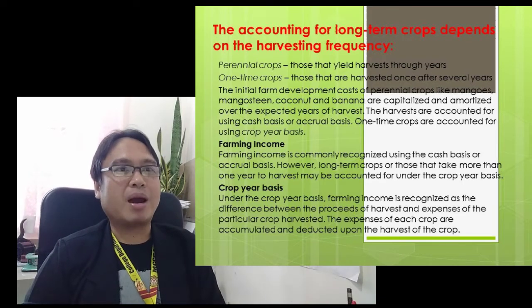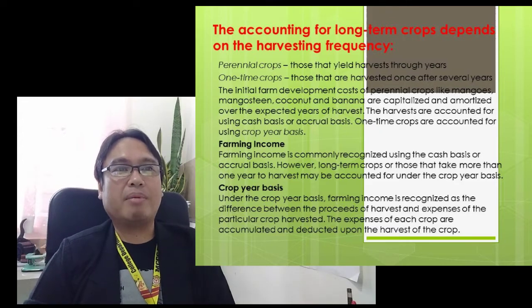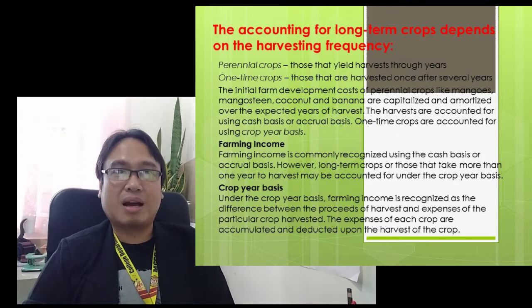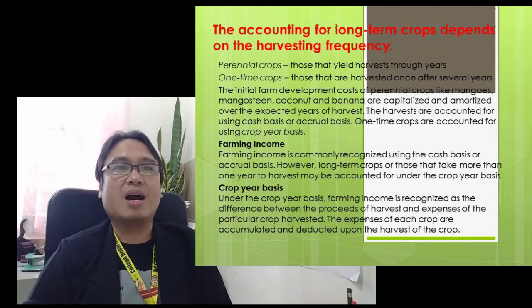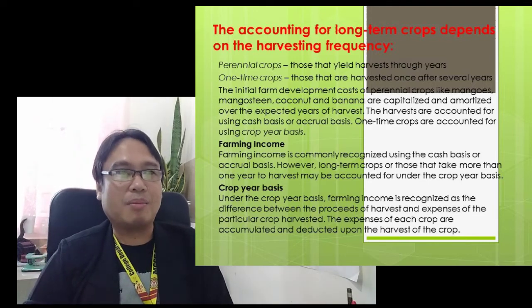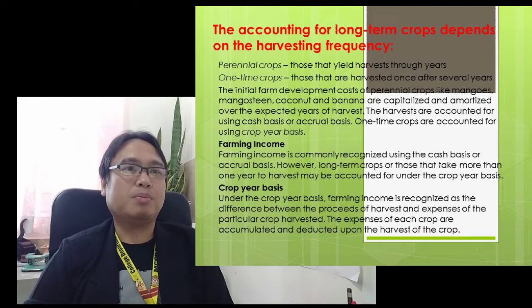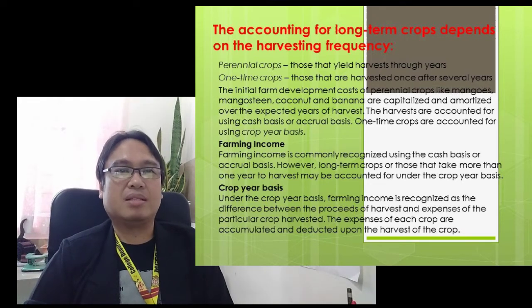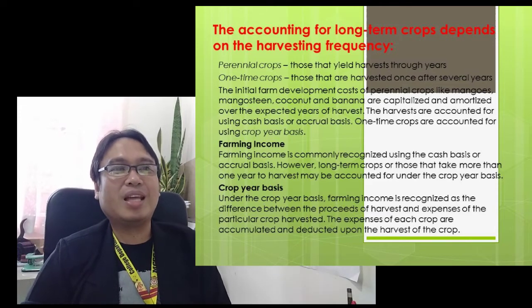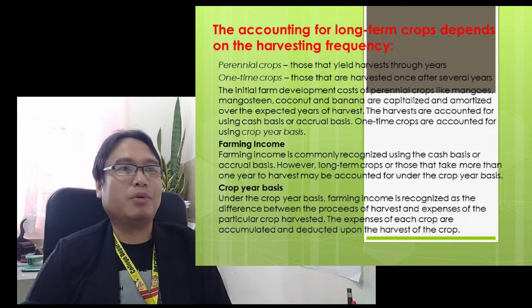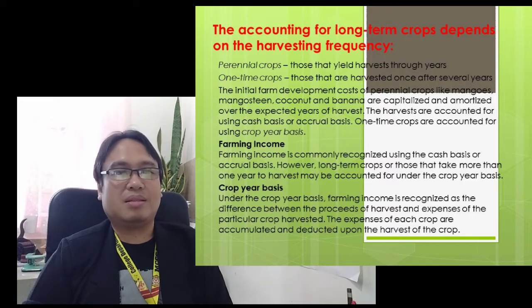The initial farm development cost of perennial crops like mangoes, mangosteen, coconuts, and bananas are capitalized and amortized over the expected years of harvest. The harvests are accounted for using cost basis or accrual basis. One-time crops are accounted for using crop year basis.